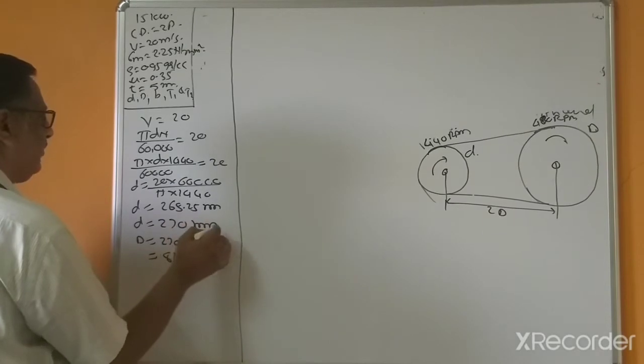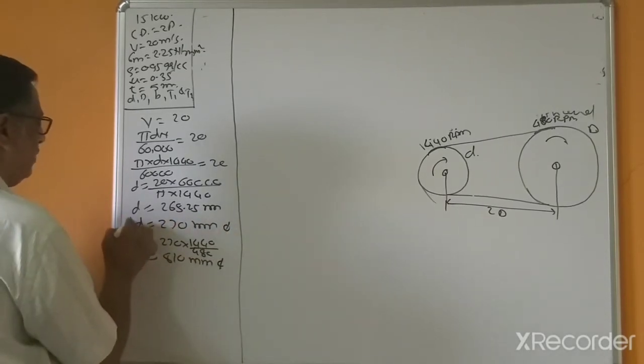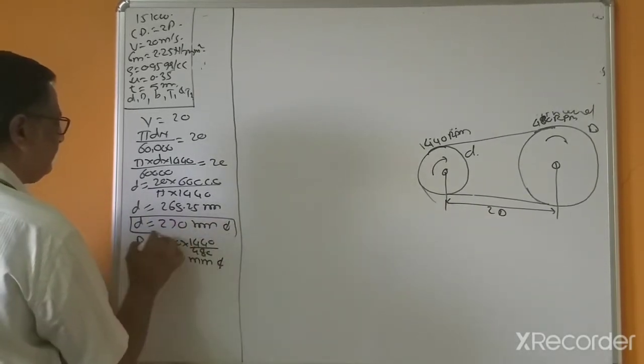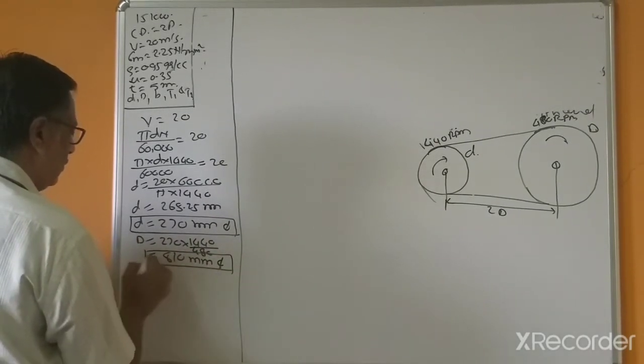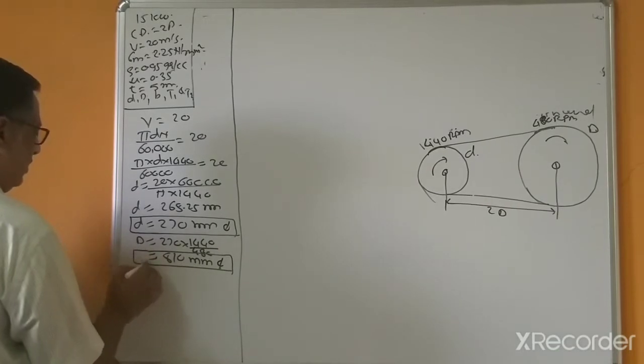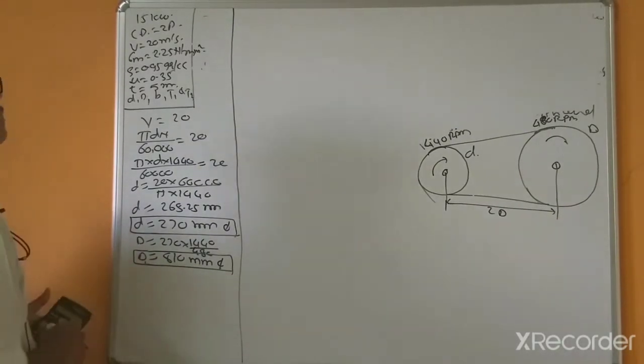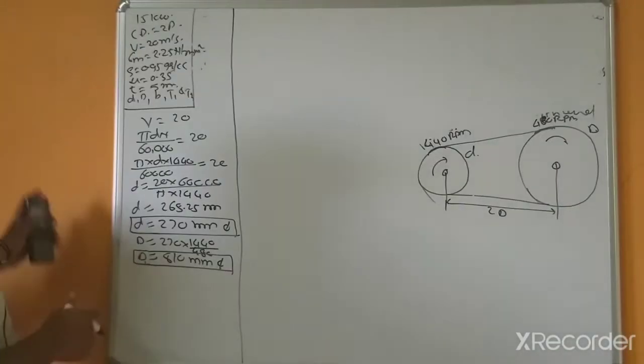So this is your first answer: small d and capital D.